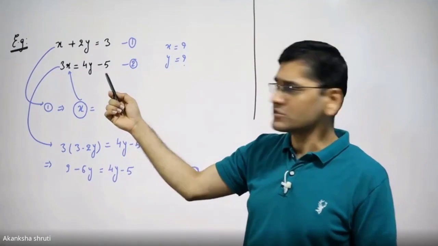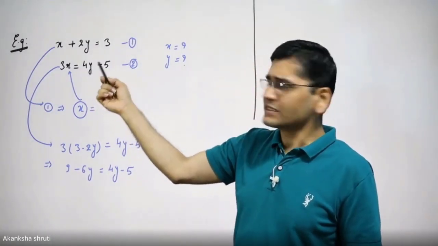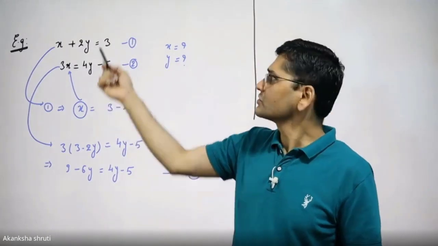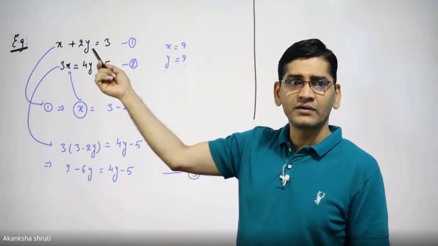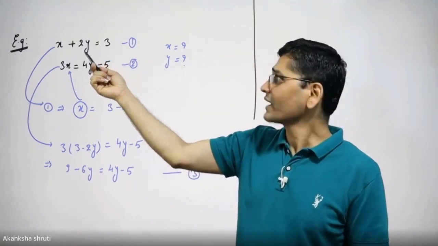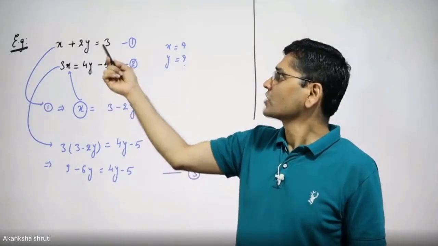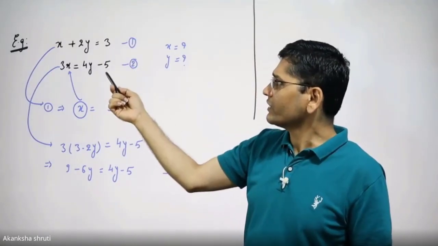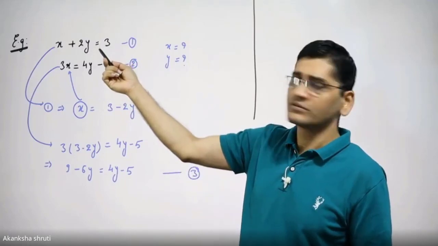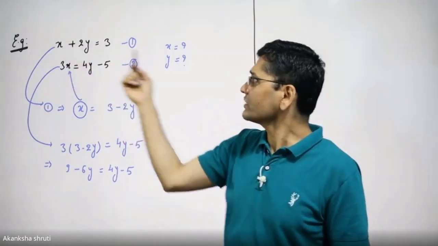You may also do it like this. Take the value of x from equation 2 and substitute in equation 1. Again, you will get a linear equation in one variable, in terms of y. You may take the y from the second equation and substitute in equation 1. You will get a linear equation in terms of x.